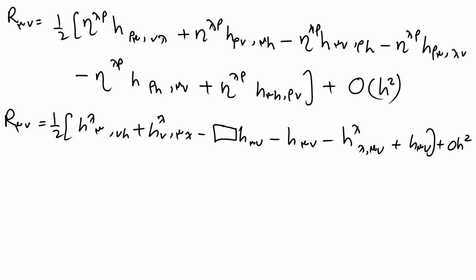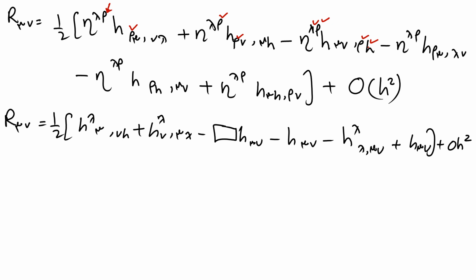What I have done is, this term I have contracted, this term and this term. Similarly in here I have contracted this term and this term. Similarly here, I have contracted two terms, one is lambda, this one, and this one.